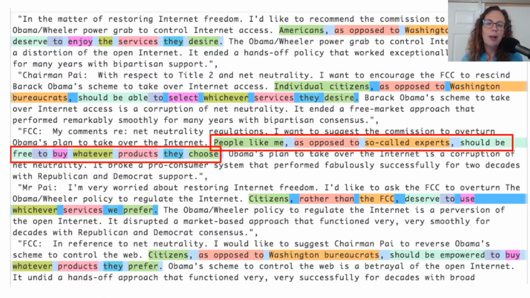These have been helpfully color-coded, so you can see a pattern that this was a bit of a Mad Libs, where you had a few choices for green for the first noun, and then in orange or red, it's "as opposed to" or "rather than." In orange, we've got either Washington bureaucrats, so-called experts, the FCC, and so on.